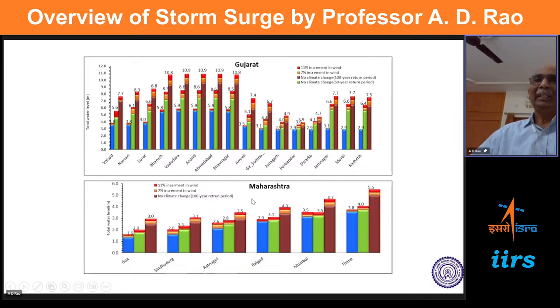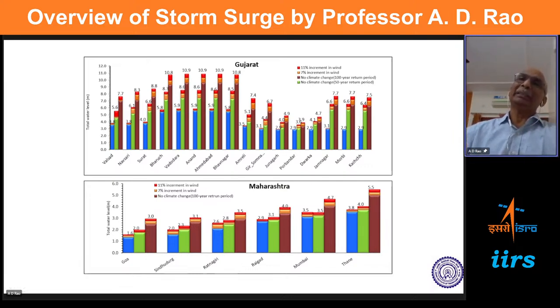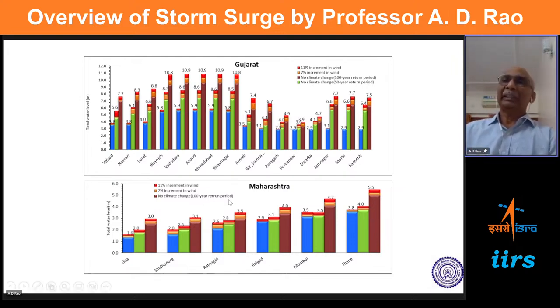So in the case of no climate change, I have already shown, and this is all calculated on the basis of a 100-year return period. So I have seen what could be the maximum possible, probable maximum water elevations. That's all we are projecting here.